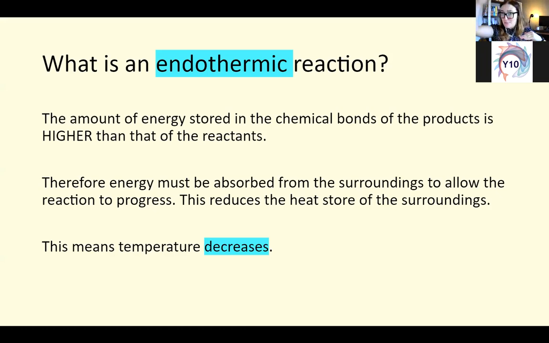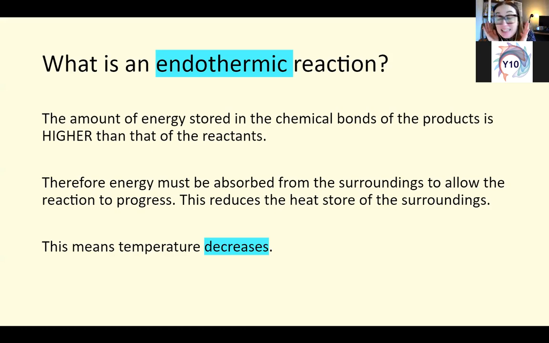Now, in order to make that jump, that energy to get up to the product, that's got to come from somewhere. And so that energy needs to be absorbed from the surroundings. And that means the surroundings themselves cool down. Okay. Now that means that overall the temperature is going to decrease because energy has been absorbed into the chemical bonds to form those new bonds in the product.